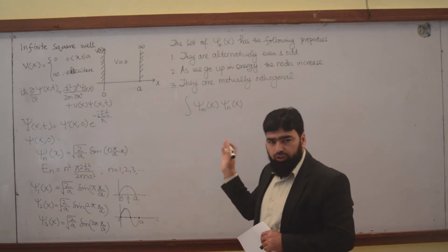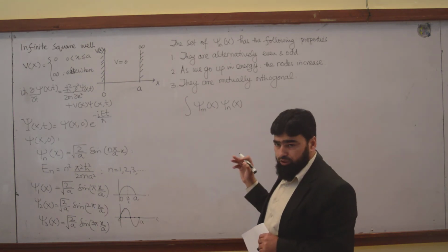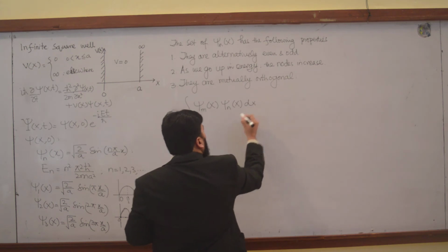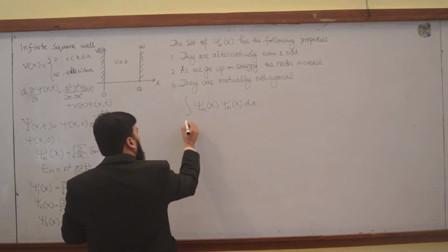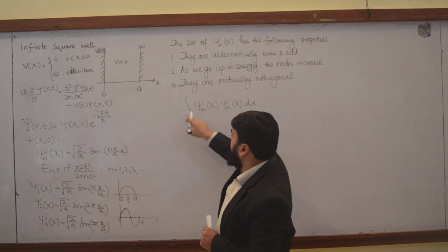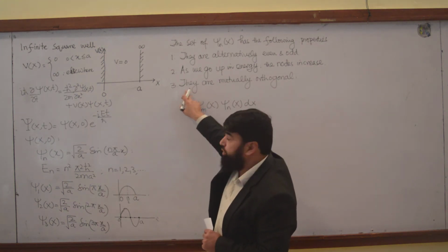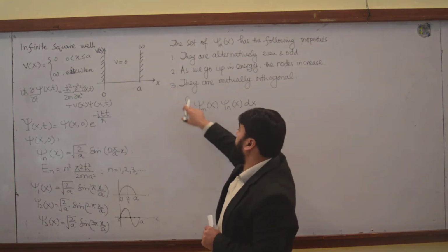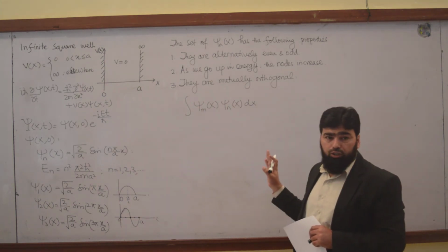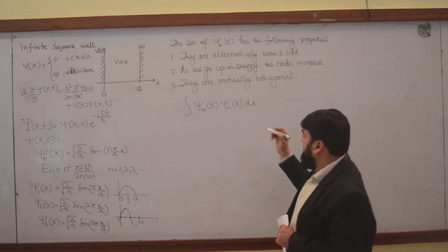So m is one sequence, n is the other sequence, and if I integrate them, the general condition is from minus infinity to plus infinity. Here in our geometry it will be from 0 to a. So I am not writing any condition on it, but it is generalized.